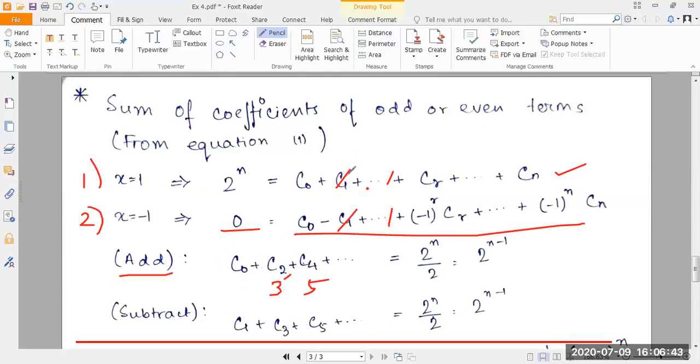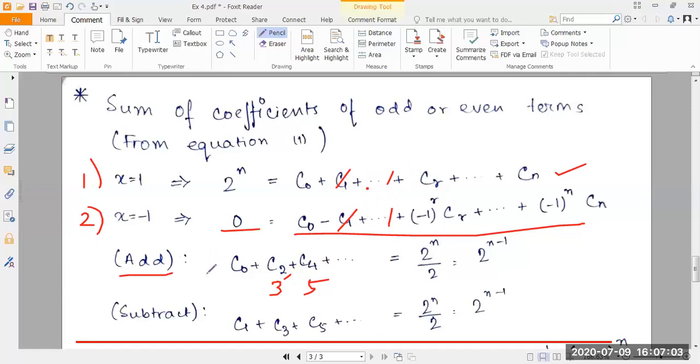So the second terms and the fourth terms get cancelled because I have added, and there are opposite signs on these sides. So we get C0 + C2 + C4, which becomes 2^n. Now, as we have added, we have 2C0, 2C2, 2C4.